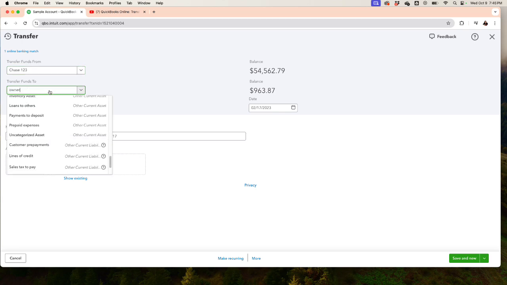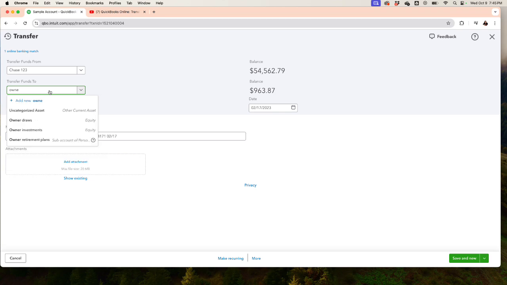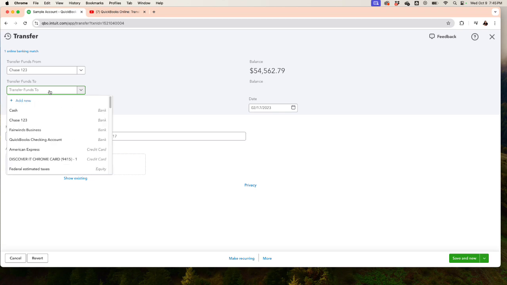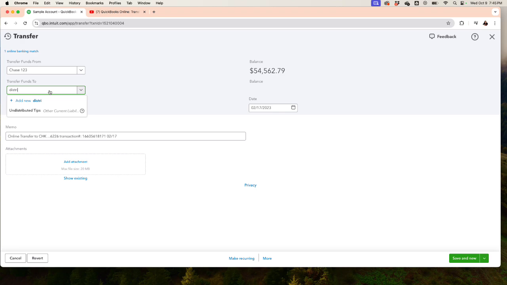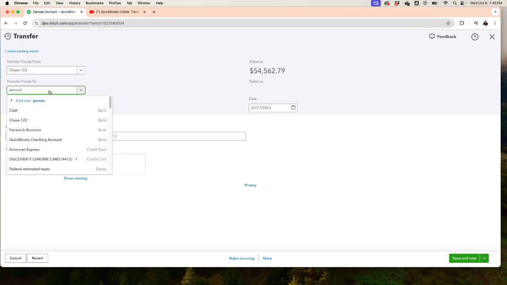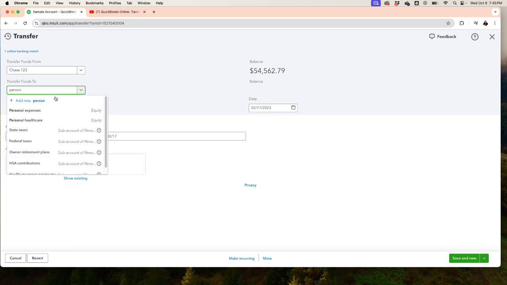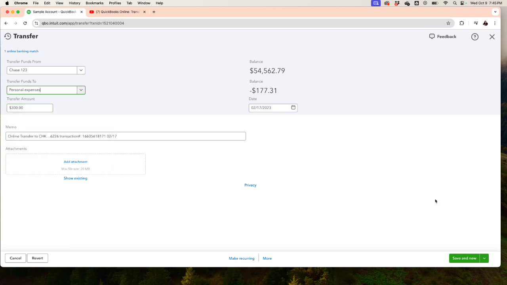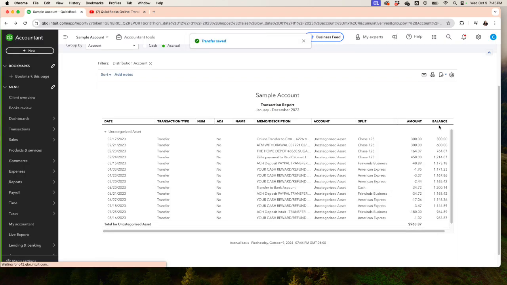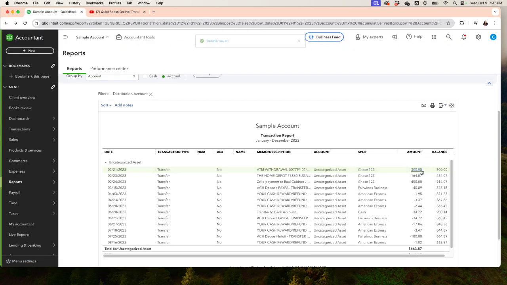So I can put owner's distribution, or let's see, personal expense. Yep, personal expense. It is an equity account, so nothing is changed here, just the categorization. So this is taking this transaction out of this file as well.